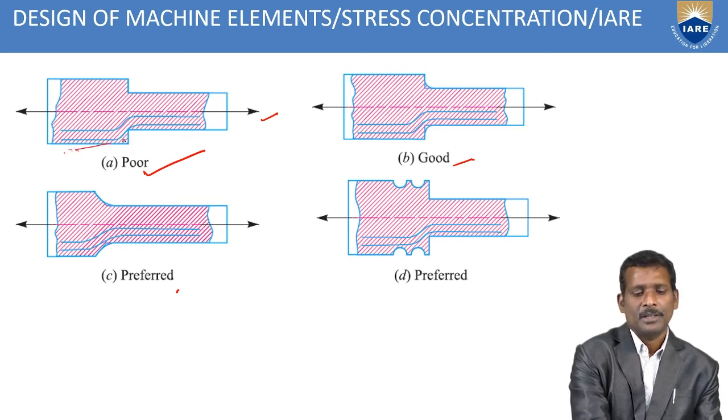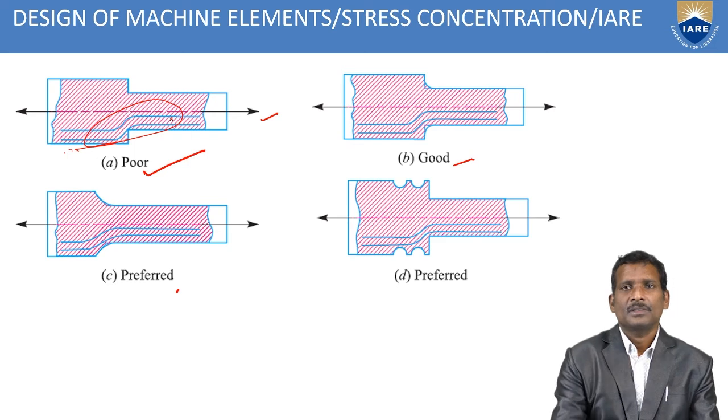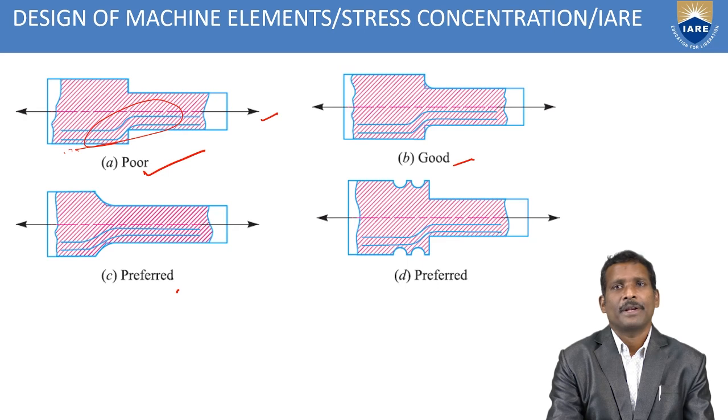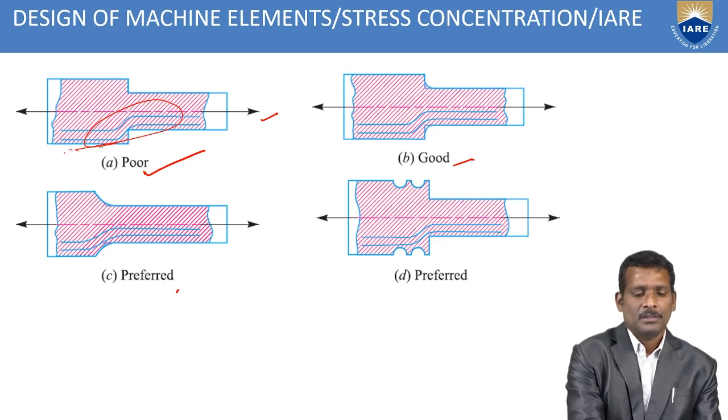You can observe here, in figure A, the lines tend to bunch up and come very close to the sharp edge. Clear? So in order to improve the situation, fillets may be provided, very near to this sharp edge.